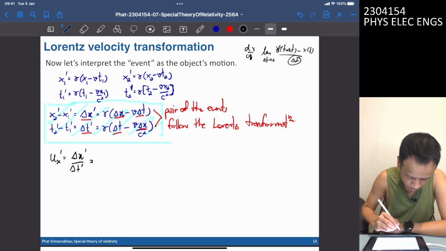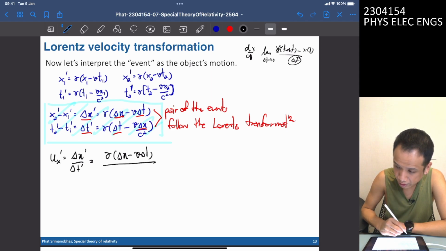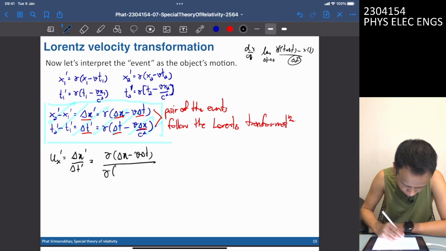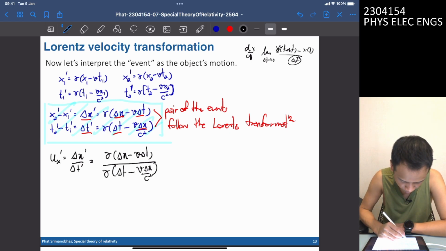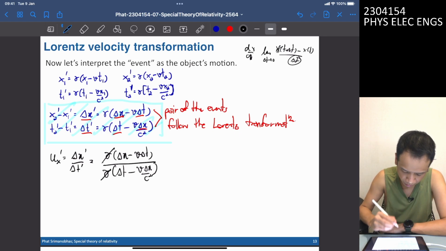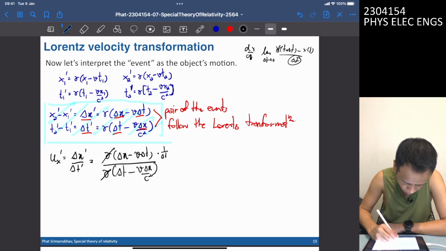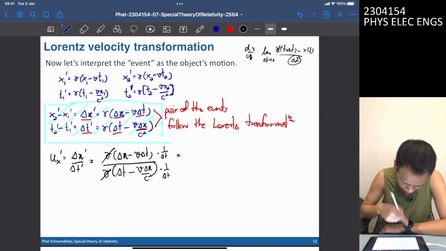So what is the delta x prime? It's gamma (delta x minus v delta t) divided by gamma (delta t minus v delta x over c squared). So we cancel the gamma. What we would like to do is make it compact, so you divide by delta t in both numerator and denominator.